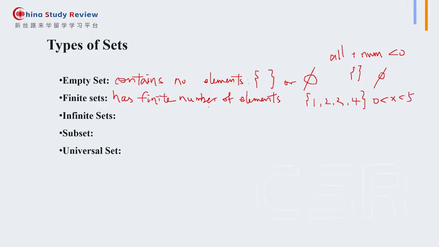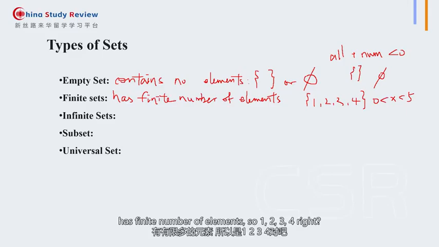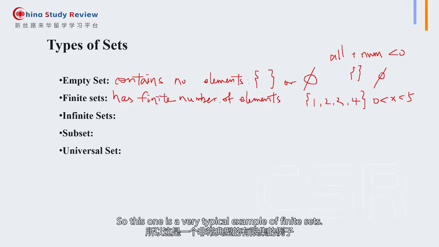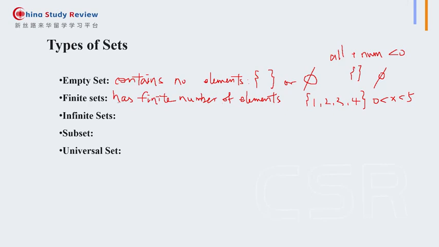So this set satisfying this condition has a finite number of elements. We have 4 elements. This is a finite number, not infinite. So this is a very classic, very typical example of finite sets.